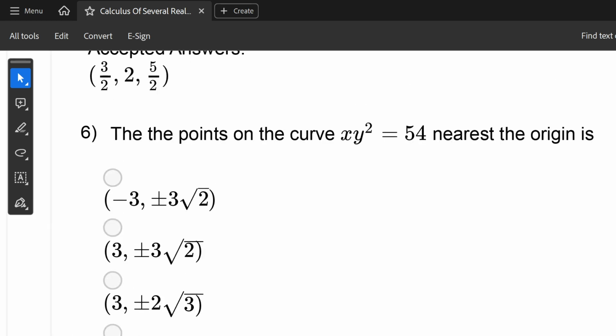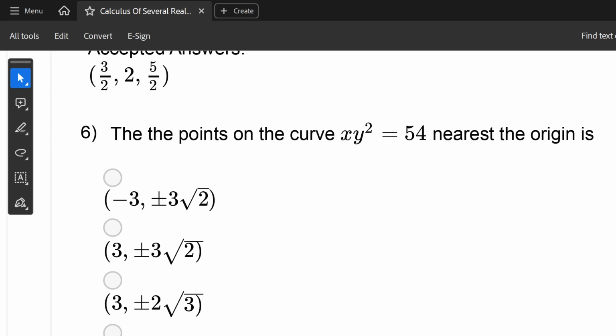But cleverly you can check one thing. The point on this curve nearest to the origin. You can check the other options to see if they satisfy or not. Everywhere x is 3, so your x should be 3. If x is negative, then it cannot be 54, it is minus 54.